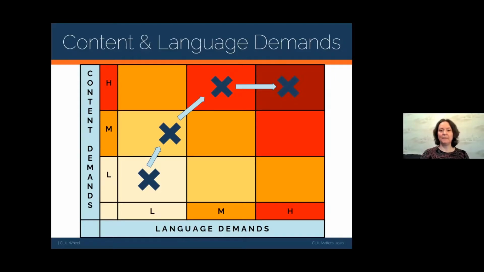But you can imagine if I try to teach this concept of density by giving a definition first, I might put the students in a situation when both language and content are too demanding, or one of them is too demanding.